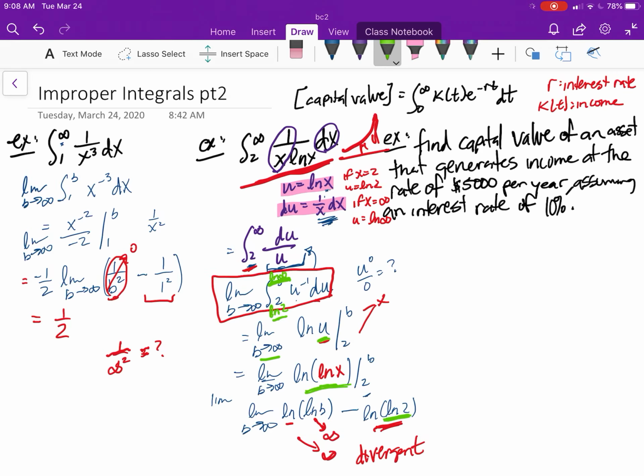I'd have ln 2, and then ln infinity, which again we change to a b, and b goes to infinity. So it works out the same. I don't prefer to do too many substitutions in these. It starts to get complex, but you can. This totally would work.